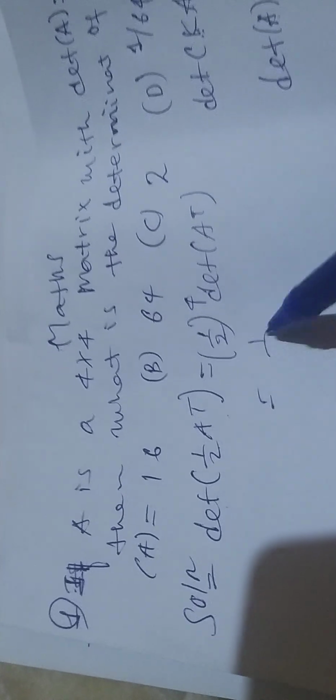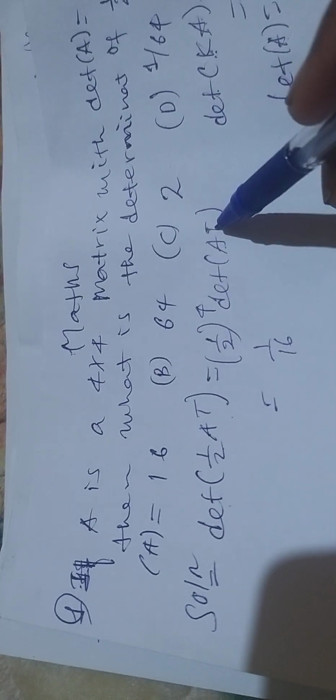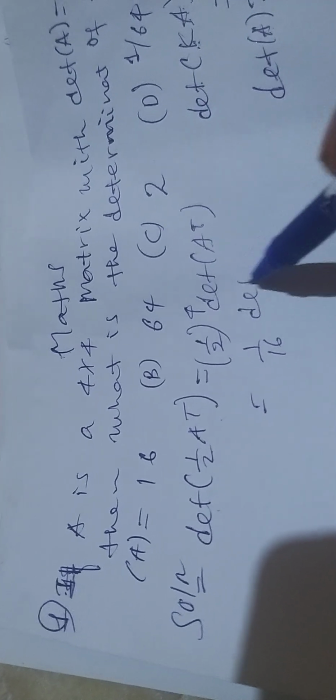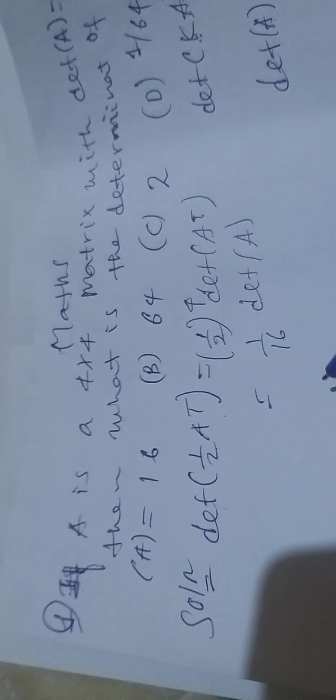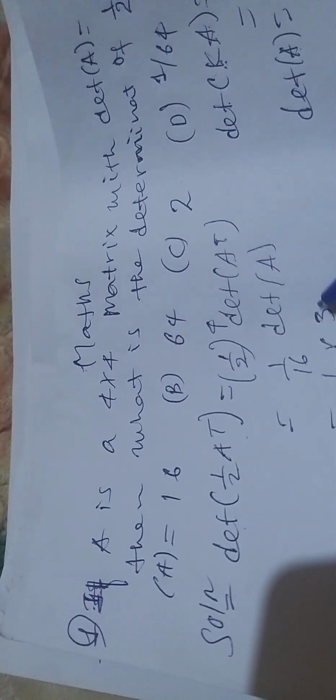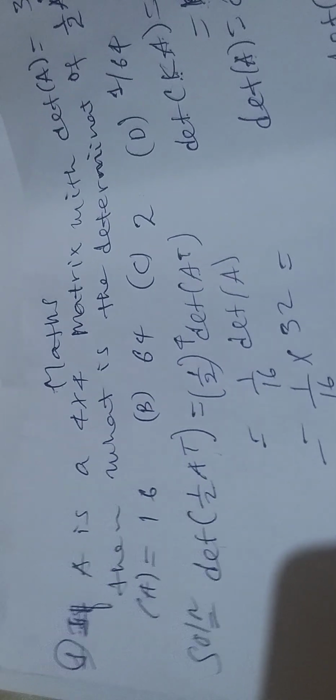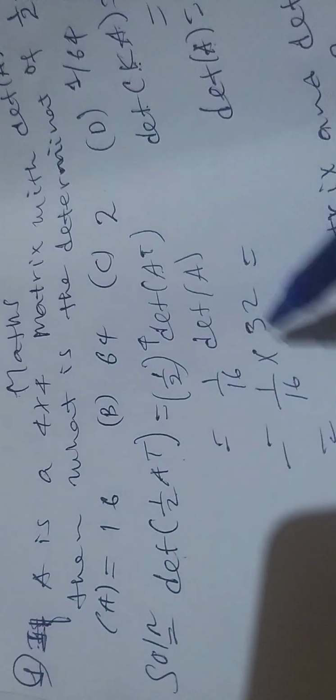This is equal to 1 over 16 times the determinant of A transpose, which is equal to the determinant of A. So now 1 over 16 times the determinant of A, which is given as 32. So the result is 32 by 16, the answer is 2. So C is the answer.